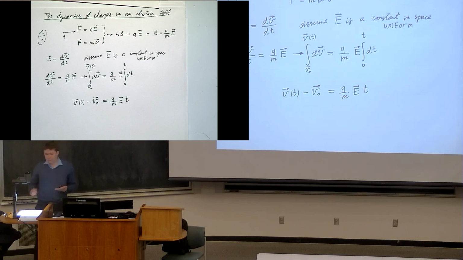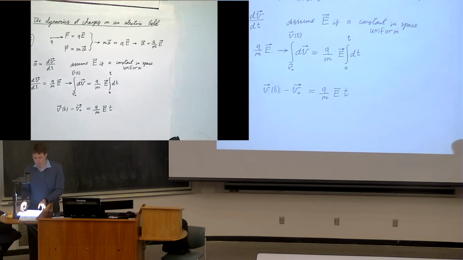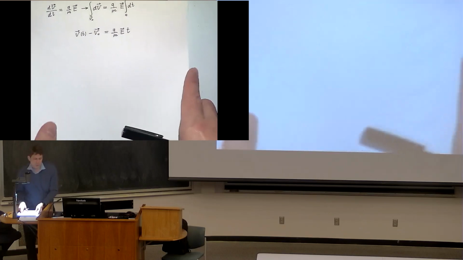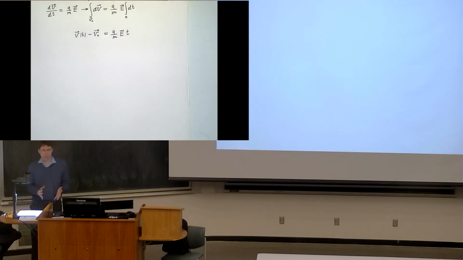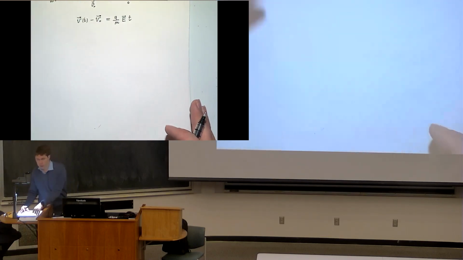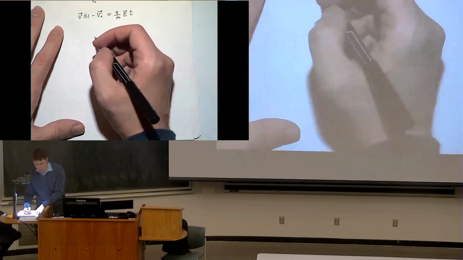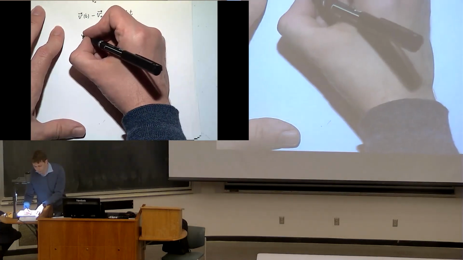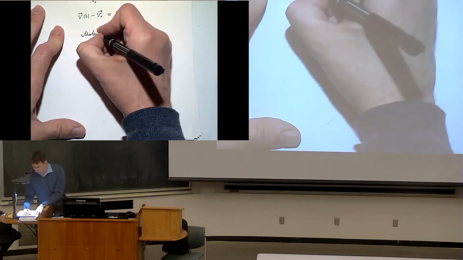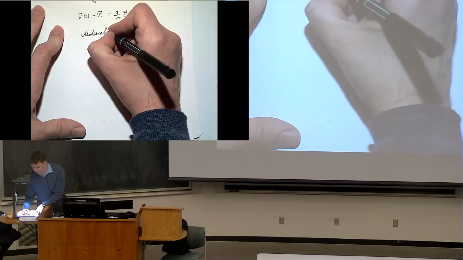Based on the response of various substances to external electric fields, all materials could be separated into two classes, and I'll explain what happens in them microscopically. So I'll write here: materials.